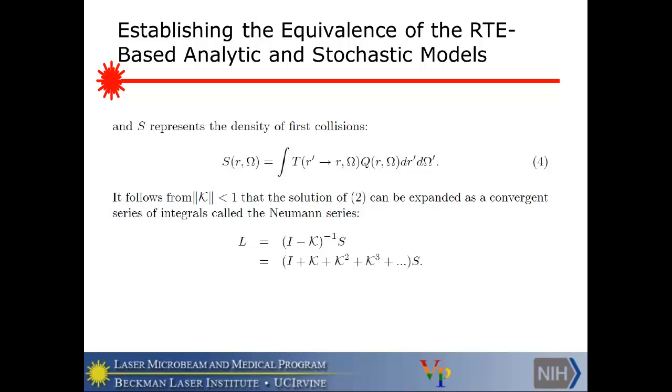So the reason Monte Carlo is successful is because it does not limit the number of terms to a truncated version of this infinite series. There is no determinable upper bound to the number of collisions that Monte Carlo considers.